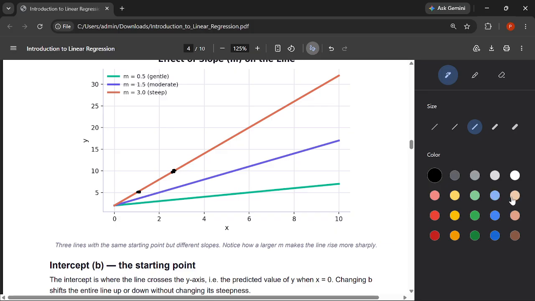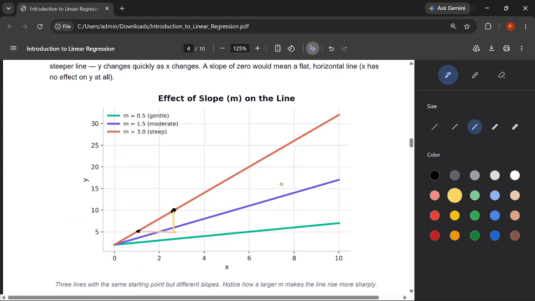We can say that this much change is there in the x between two data points. So how do we know how much y changes? We can say this much change has happened in our y value. So the value of this is called the slope.